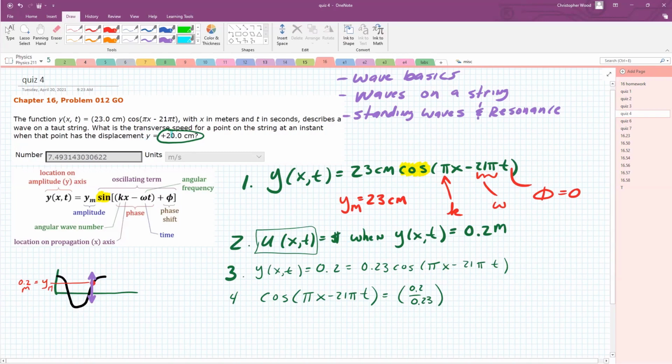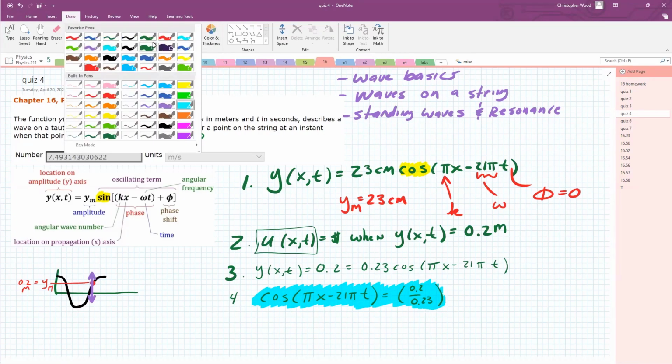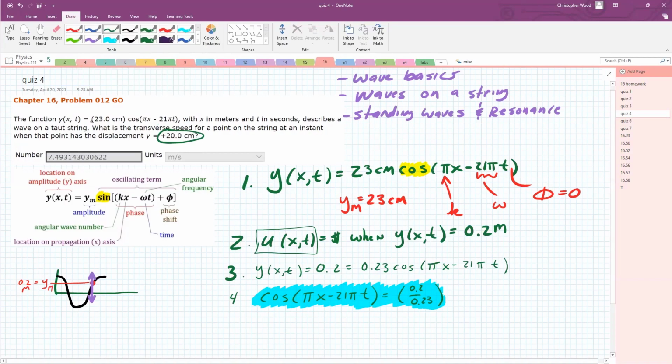what is the transverse speed? All right, so basically this is what I coughed up from my position function. I need to find my transverse speed. So time to do that. Okay, so my transverse speed u is going to equal dy/dt.